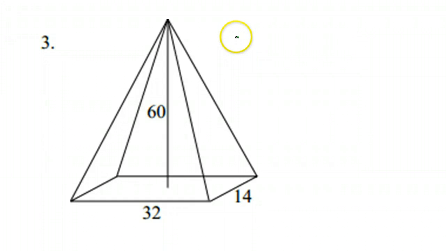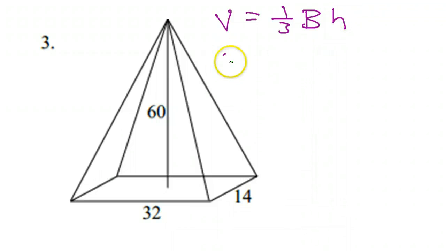Okay, so same formula for the volume of a pyramid. So volume is 1/3 area of the base times the height. Okay, so in this case the base is this rectangle down here. It's hard to fill that in properly, but okay, it's that rectangle. So how do I find the area of a rectangle?